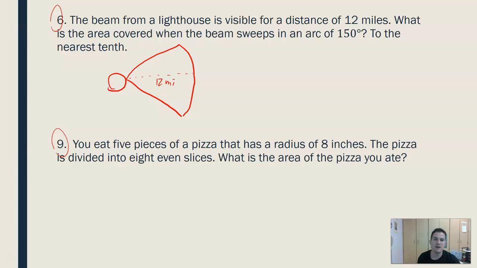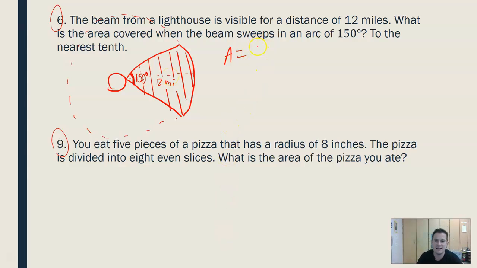So it says, what is the area covered when the beam sweeps an arc of 150 degrees? So this arc right here is over 150 degrees. So what I'm trying to find is, what is this area covered by the lighthouse beam? Well, a sector area, this is just if I were to imagine this being drawn of a larger circle, this is just a sector of the area of a full circle.